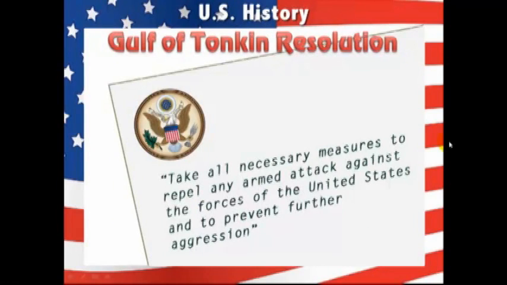And this also leads to the Gulf of Tonkin Resolution, where Congress said, in effect, take all necessary measures to repel any armed attack against the forces of the United States and to prevent further aggression. They consider this in many ways to be a blank check. Congress did not actually give a declaration of war, but they pretty much gave Johnson very broad and vague powers, which enabled him to escalate the war.